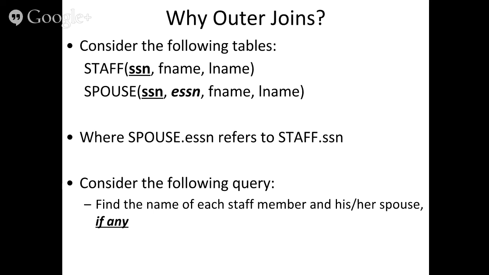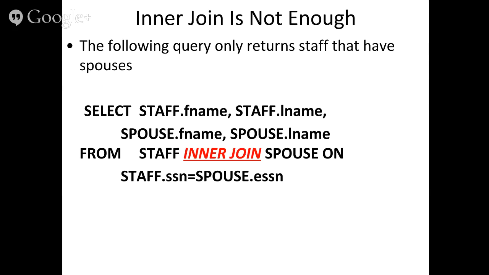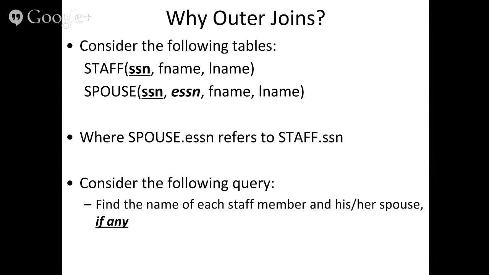But adding these additional 2 words tells me, oh wait a minute, because it says 'if any'. I want the spouse, if any, meaning if there is a spouse, yes, I want it. But if they don't have a spouse, I still want the staff. So that tells me that I need to do a left join.